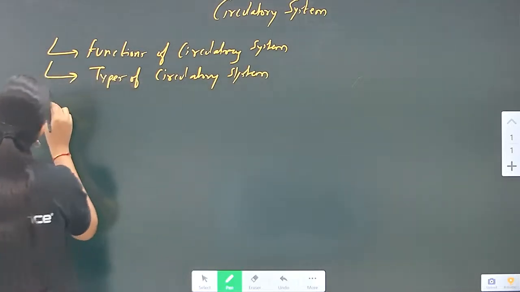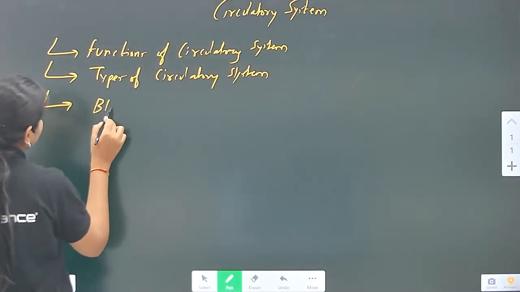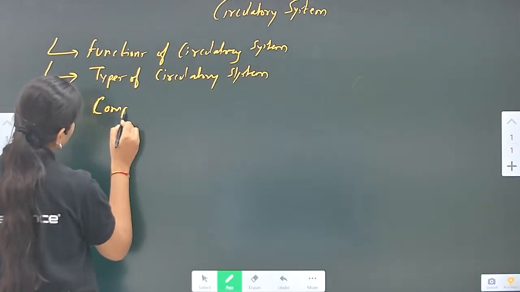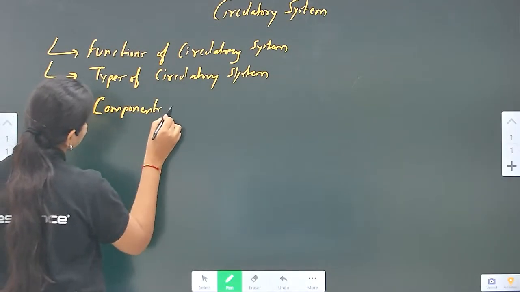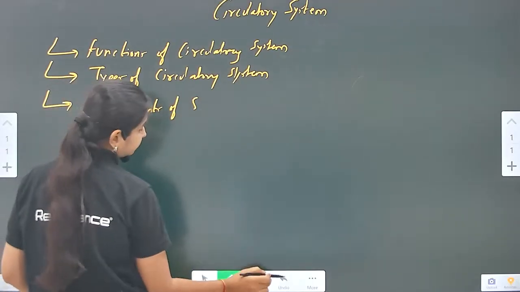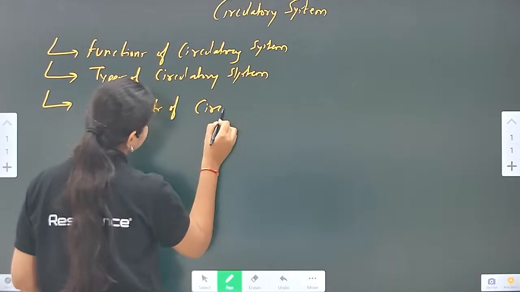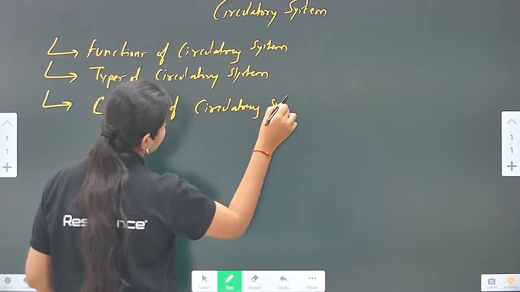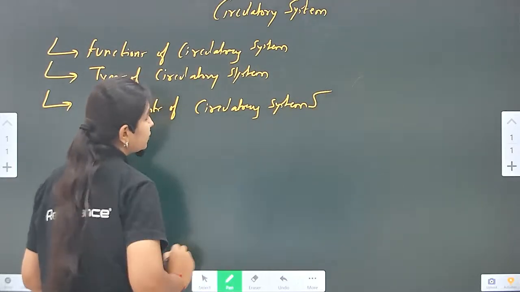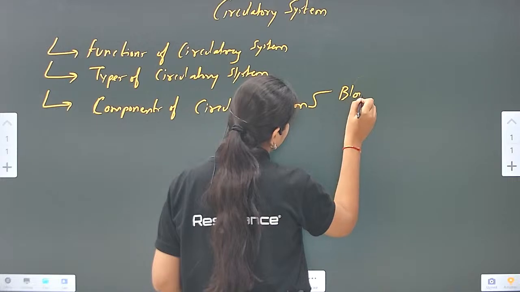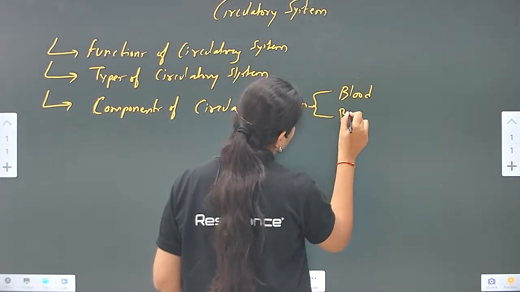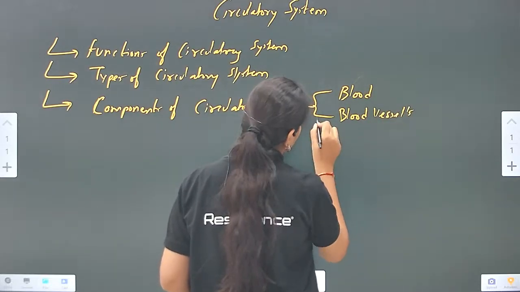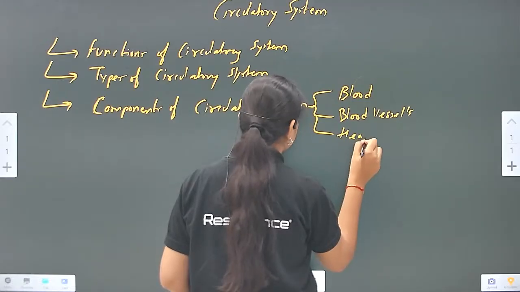Then we read about the components of the circulatory system, which are your blood vessels and your heart, which is a pumping organ.